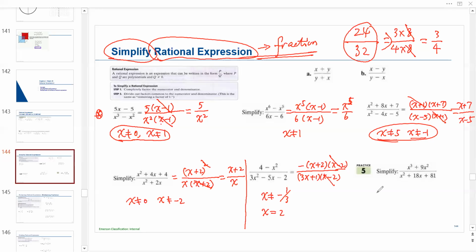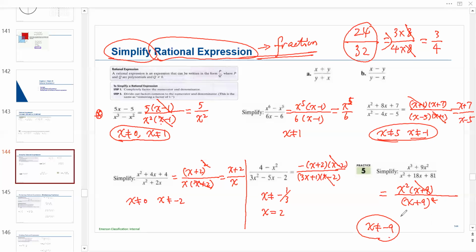All right. See more example like here. Same process, right? The bottom denominator. So x cannot equal -9, right? First, the top part. All right. So x cannot equal -9. We can factor one of the x plus 9 out.